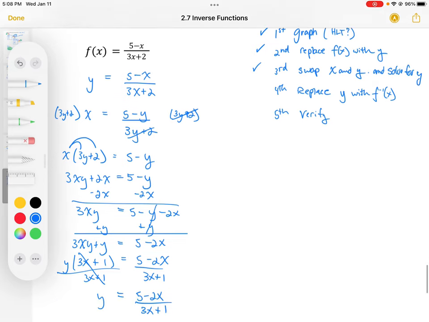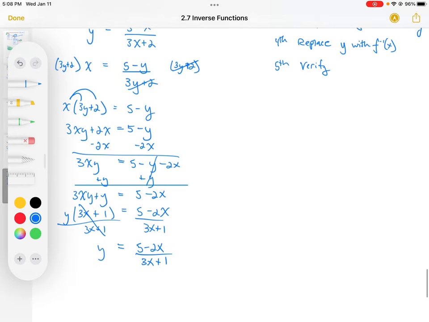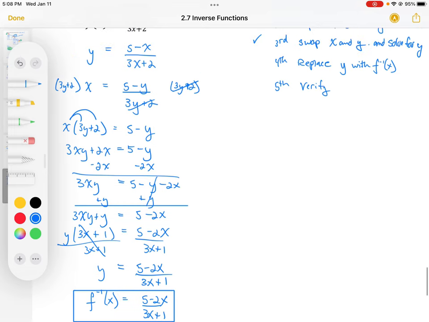Now I'm going to replace y with my inverse function notation. So that's my inverse function. My last step is to verify that that is indeed my inverse function.